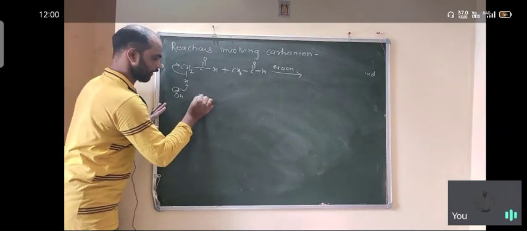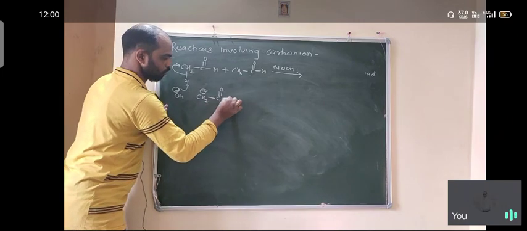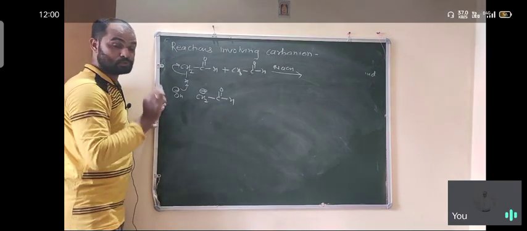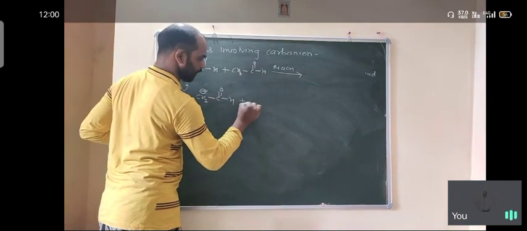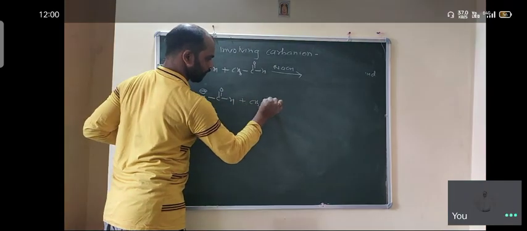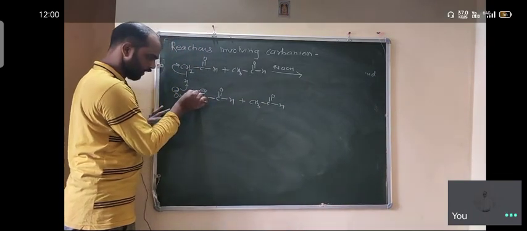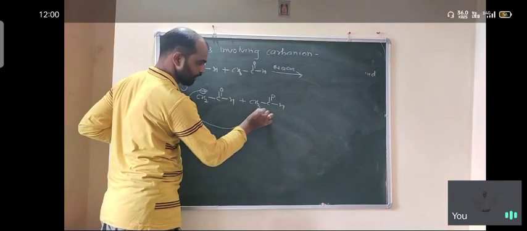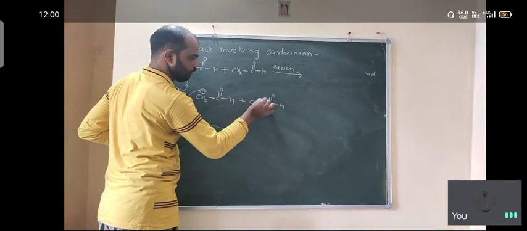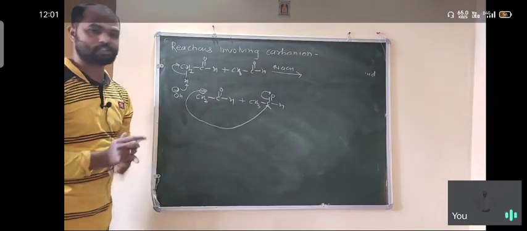So what happened here? Formation of CH2 negative, C double bond O. So one molecule undergoes carbanion formation, and it will react with the second molecule, CH3 C double bond O. The arrow starts from the rich, negative end and goes to the deficient center here. At the same time there is delocalization of the pi electrons onto the oxygen.